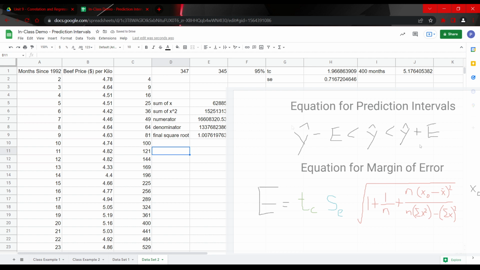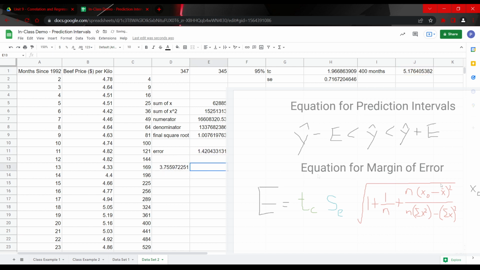1.0076. So basically it's essentially multiplied by 1. So my error is equal to this times this times this. On my lower end, I'm going to have y hat minus the error.